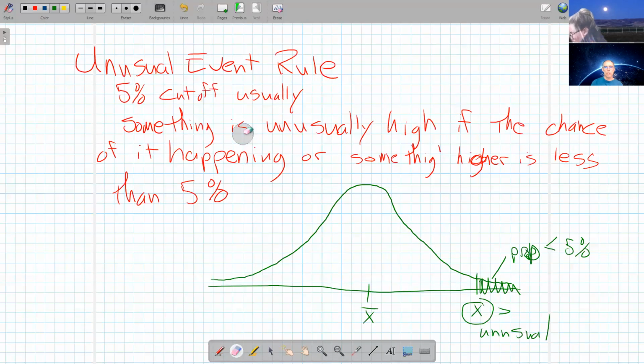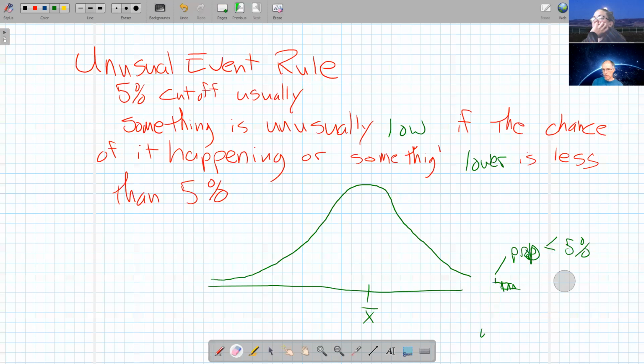So something is unusually low if the chance of it happening or something lower is less than 5%. So low and lower. Let's erase this part of the graph, because now we're looking at the other end.